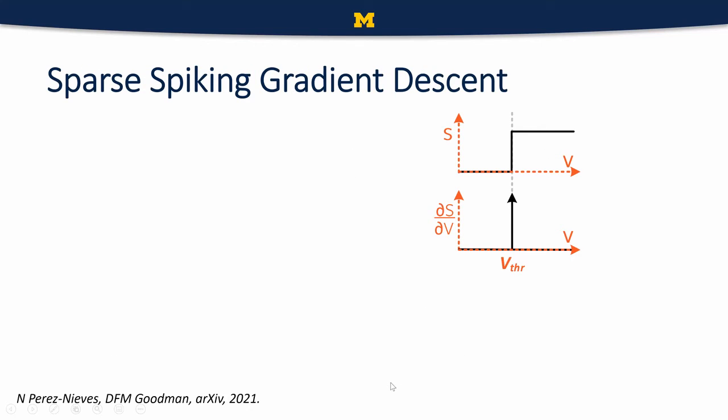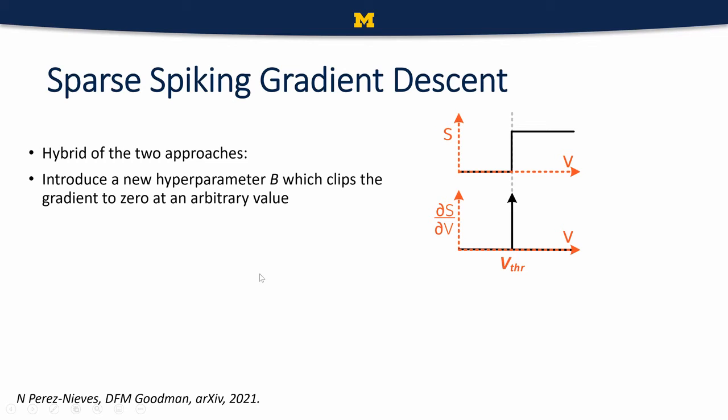One concept that was recently published by Dan Goodman's group is sparse spiking gradient descent, which merges the spike operator and the smoothed out approximated fast sigmoid approach. It's a hybrid of the two approaches. What he's done is introduce a new hyperparameter, which clips the gradient to 0 at some arbitrary value.